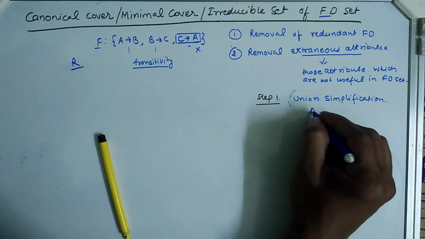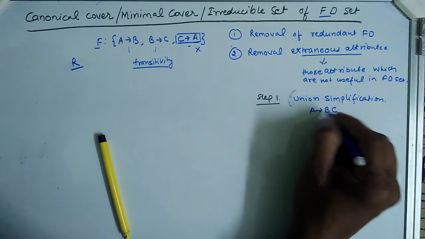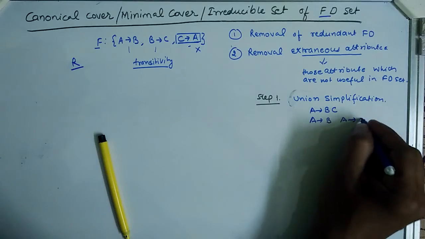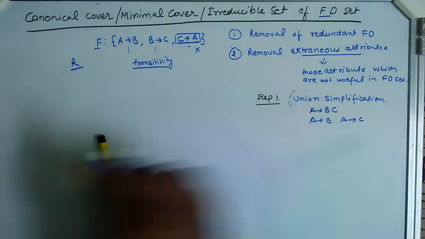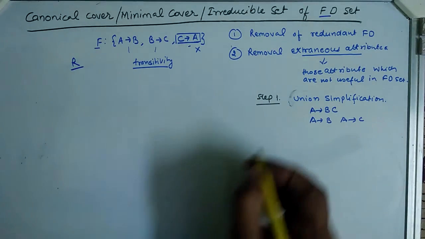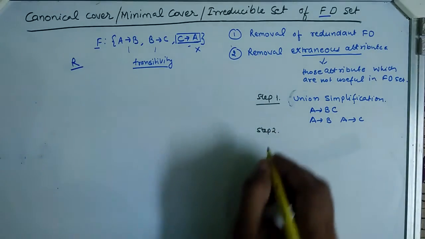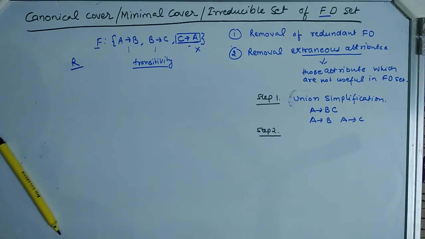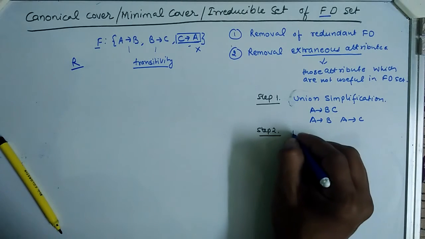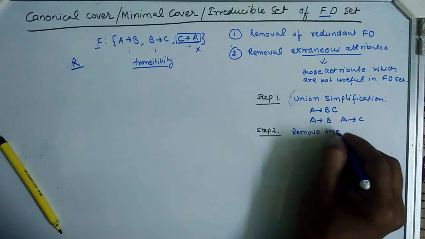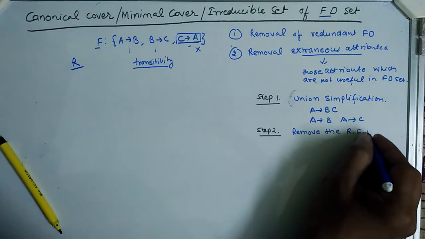Union simplification means if any functional dependency like A tends to BC is given, then you need to simplify it into A tends to B and A tends to C. After union simplification, step 2 is to remove the redundant functional dependency set.